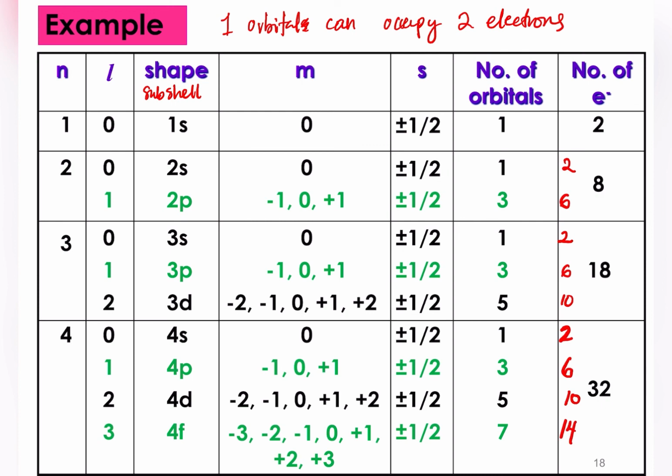I hope you've learned a lot how to determine the value for principal quantum number n, angular momentum quantum number L, magnetic quantum number m, and last one electron spin quantum number s. Dan 4 quantum numbers ini are related to each other. So tak boleh miss satu pun, tak boleh skip satu pun. So you have to relate between each other.